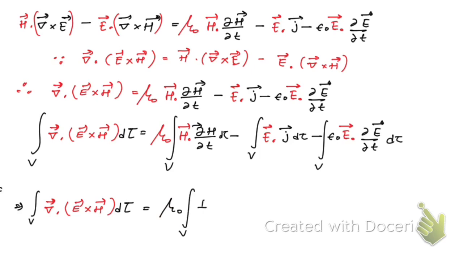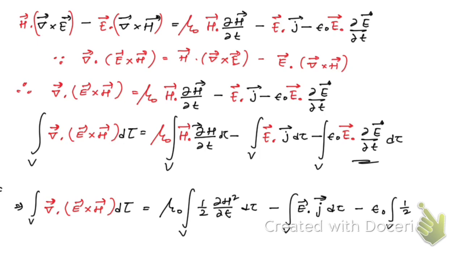Here we can write half del H square by del t d tau, minus volume integration E dot z vector del tau, then minus you can write the epsilon naught outside the integration, so it can be written half del E square by del t d tau. That's how we can write.